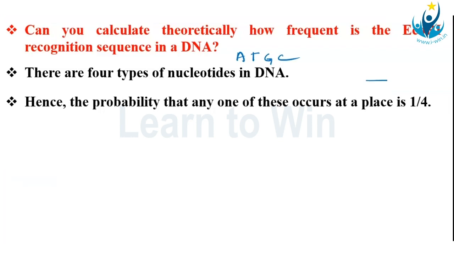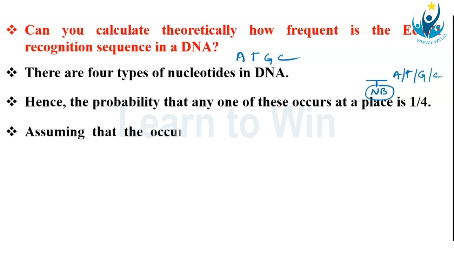Here only one nucleotide can come. So this is the place for the nitrogen base. Now which one can come? Either A can come, or T can be there, or G can be there, or C can be there. So the chance of having any of them is 1/4 probability.